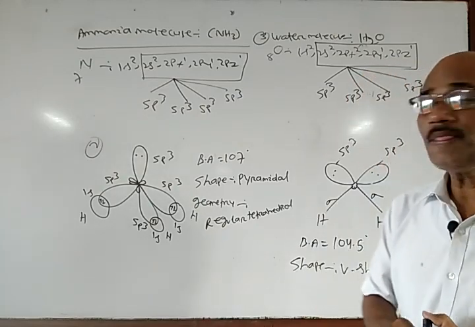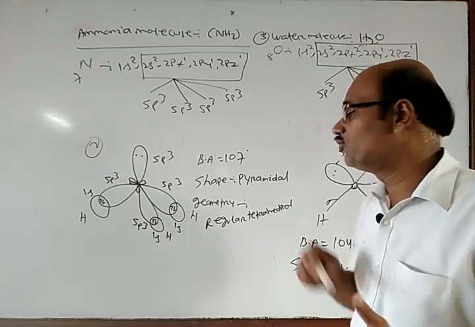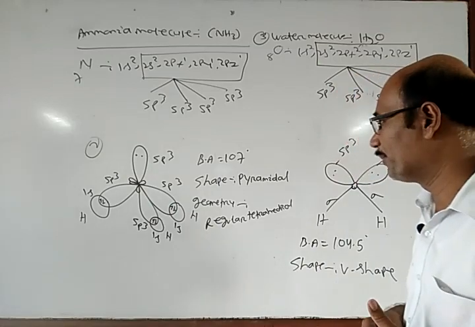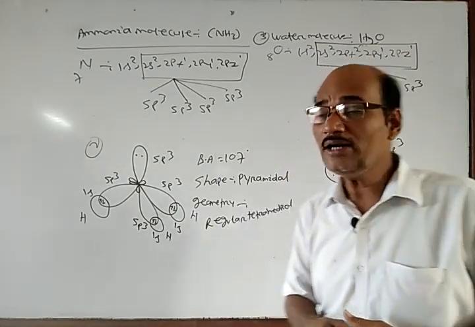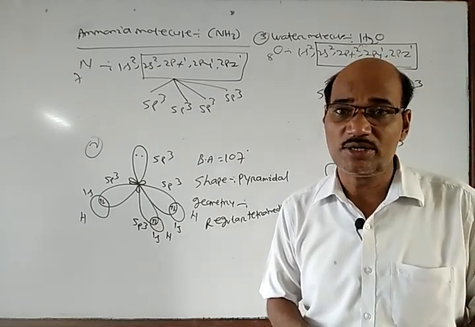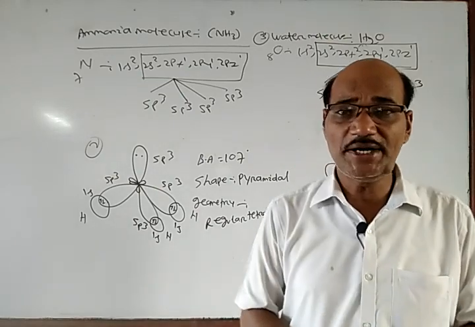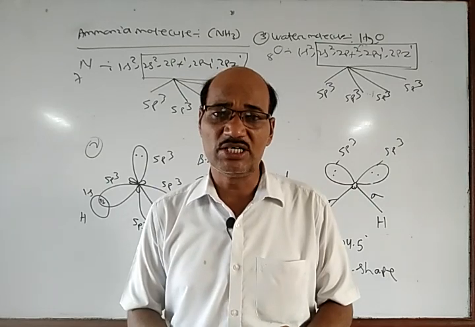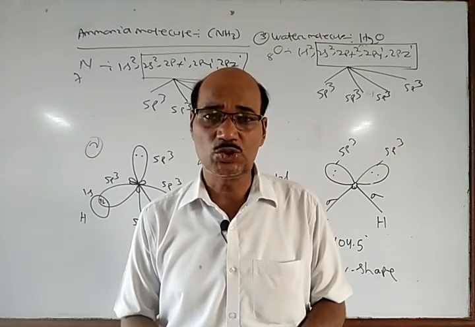In ammonia, bond angle 107 degree, shape pyramidal. In water, bond angle 104.5 degree, shape V shape. This is due to the presence of lone pairs of electrons in the hybrid orbitals. So this is about sp, sp2 and sp3 hybridization. In the next class, we will discuss sp3d, sp3d2, sp3d3 and so on. Okay. Thank you.